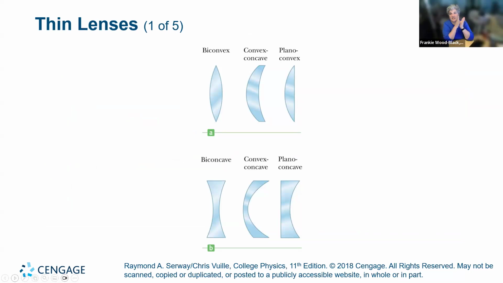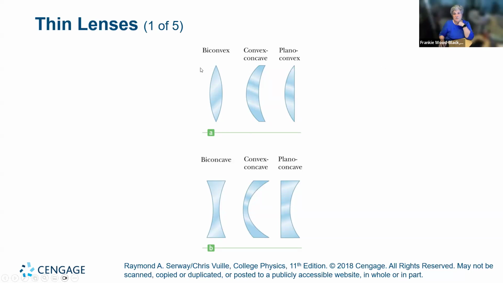So when we're dealing with thin lenses, you can usually tell what type of lens it is by its shape. We talk about converging lenses, just like we had a converging mirror, and diverging lenses, just like we had a diverging mirror.